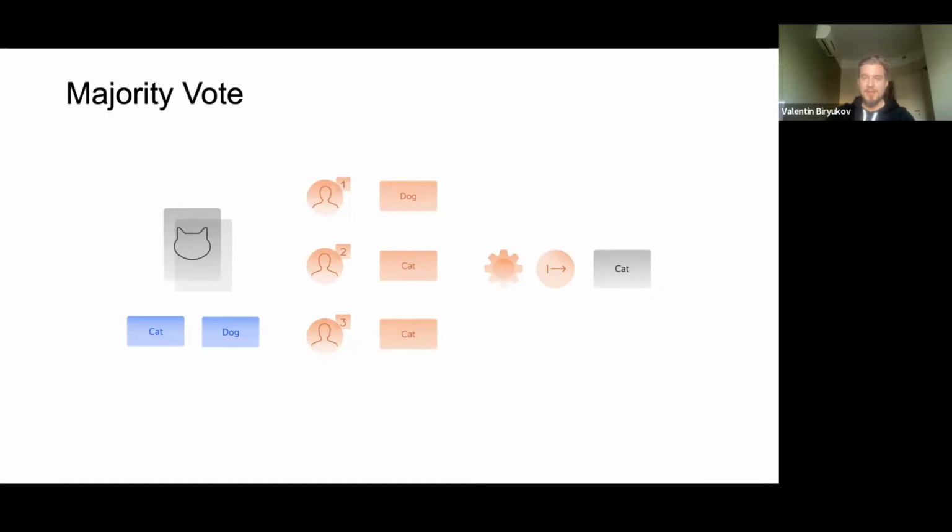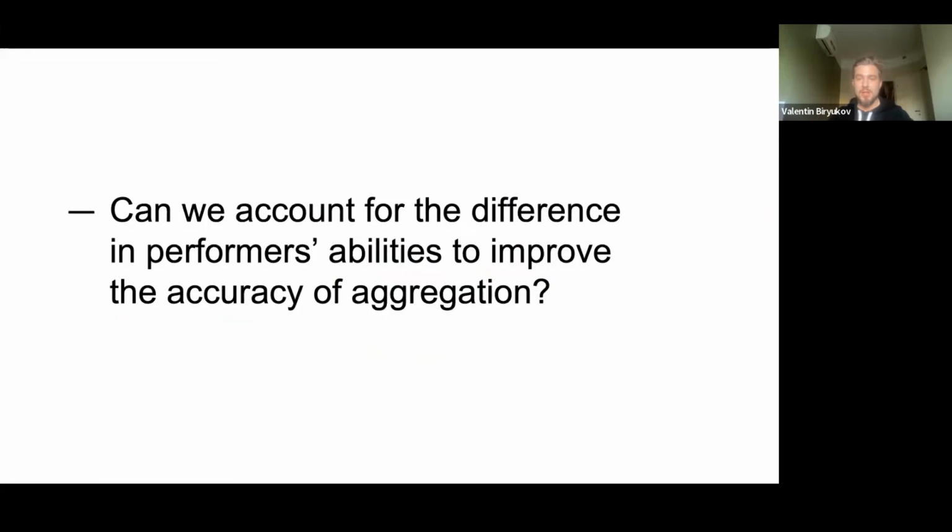But in this approach, we don't use any expectation about the skill, about the quality of the workers, and different performers have different abilities to answer on the data. It's possible to say that they have some probability of answering correctly.